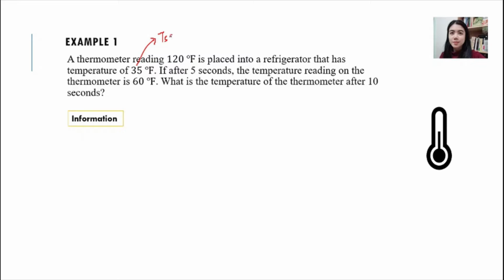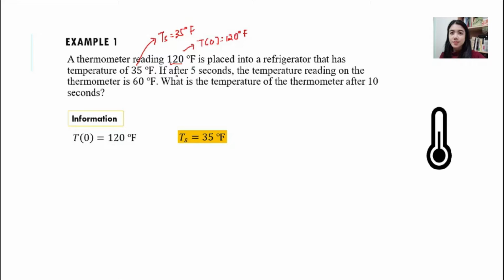Your Ts is 35 degrees Fahrenheit. Now, next you have to figure out the initial temperature. The initial temperature is 120 degrees Fahrenheit. This is your capital T. At time equal to 0, your initial temperature is 120 degrees Fahrenheit.